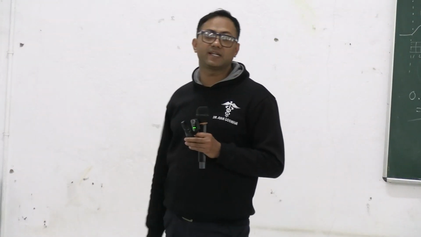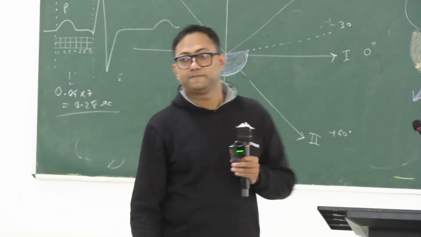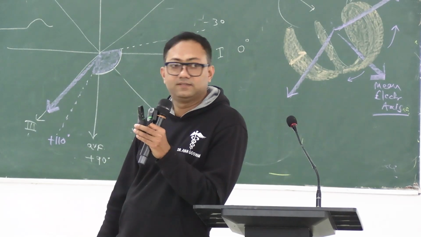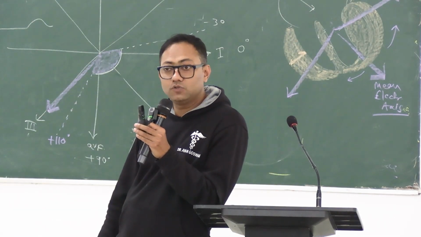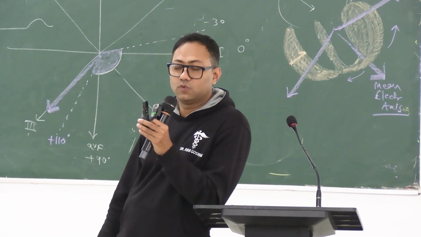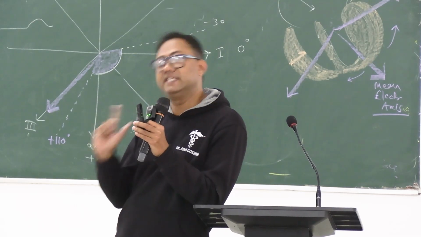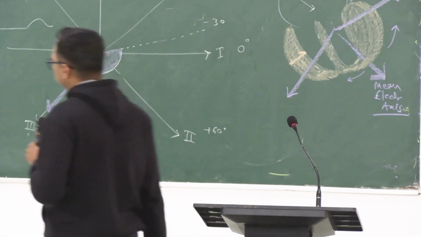120 milliseconds means how many seconds? 0.04 second is equal to how many milliseconds? 40 milliseconds. One small square is equal to 0.04 second, that is 40 milliseconds.